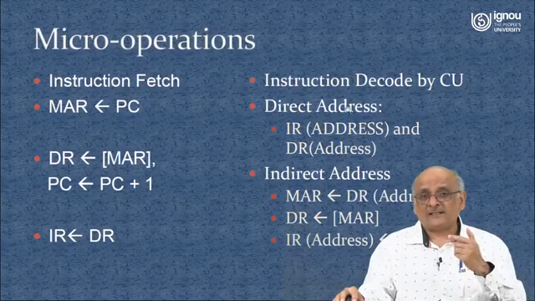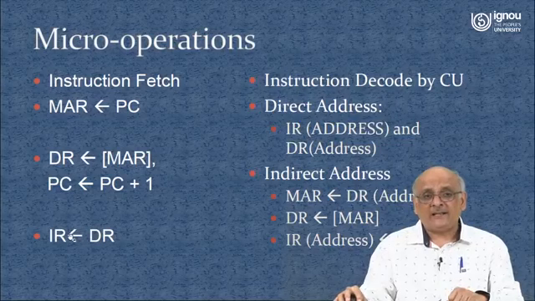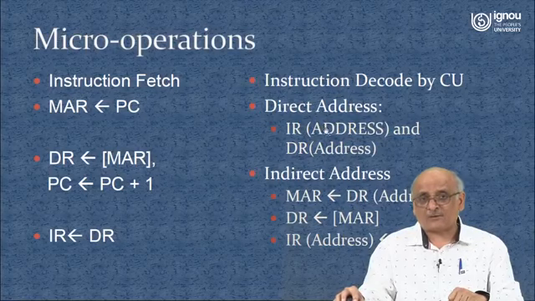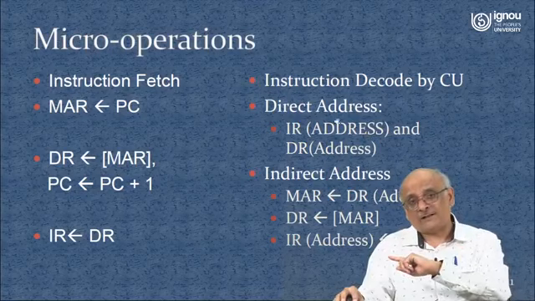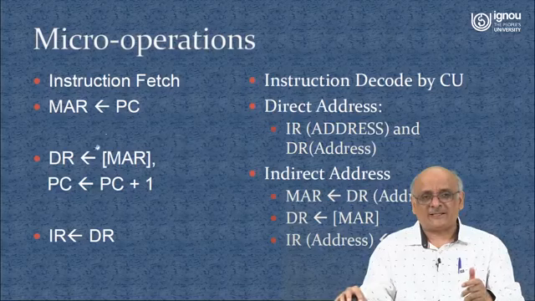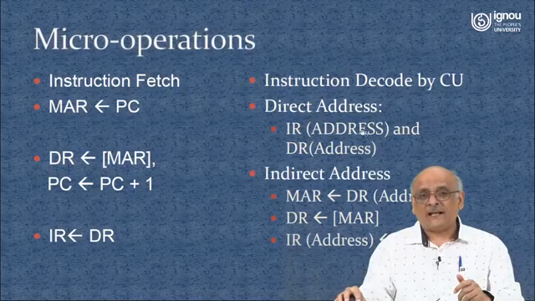Suppose it is a direct addressing mode, then whatever is the address portion of the instruction in the instruction register contains the address of the operand. Both these registers contain the same value because DR and IR contain the same value so far.